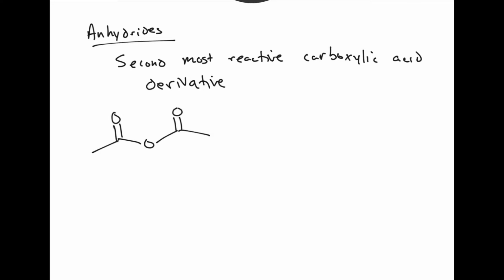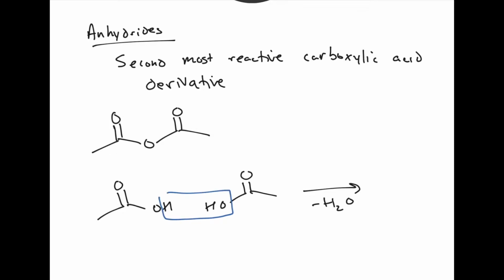It's an oxygen that shares two carbonyl groups. Is it anhydride because of the way that you make an anhydride? The simplest way is you have two acids and you remove water. That's the an, no hydride, water. You take water out, and that makes your anhydride.